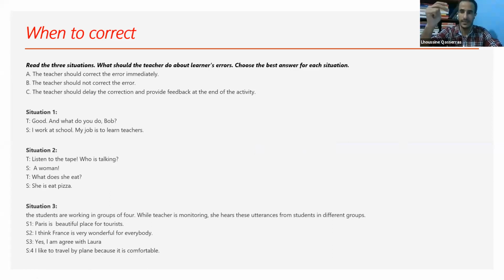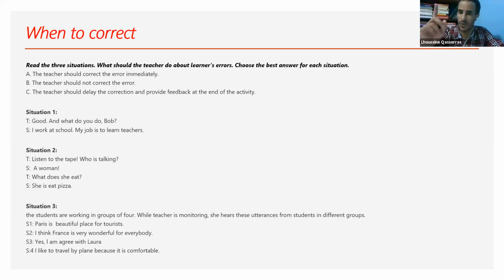Immediately. Number 2, the teacher should not correct the error. Number 3, the teacher should delay, postpone at the end or to the next class, the correction, and provide feedback at the end of the activity. So there are 3 answers about when to correct: immediately, not, or delay.